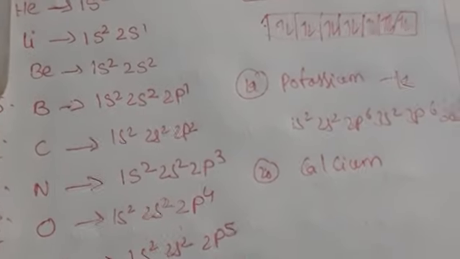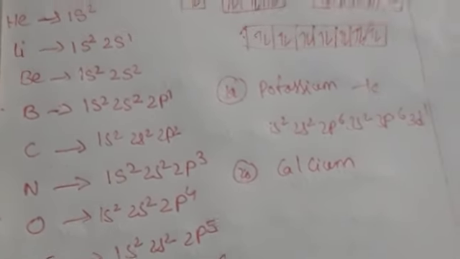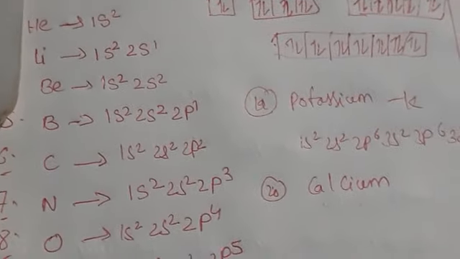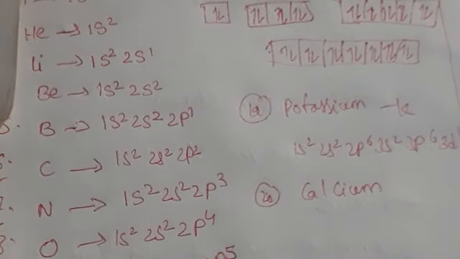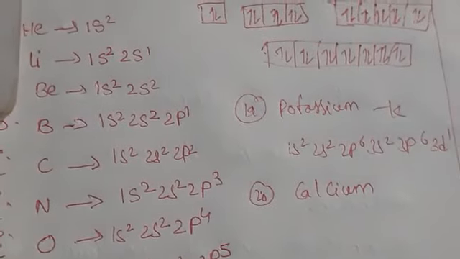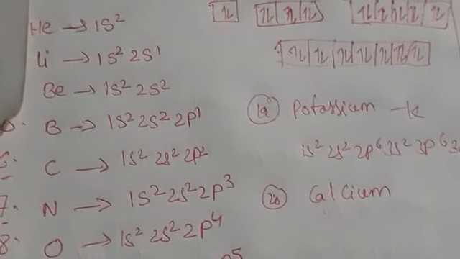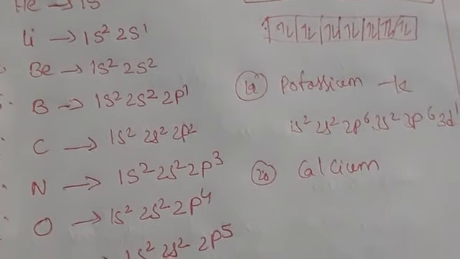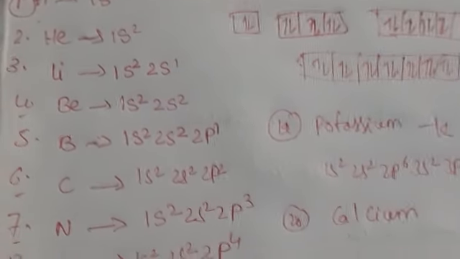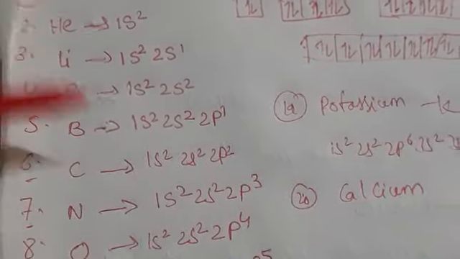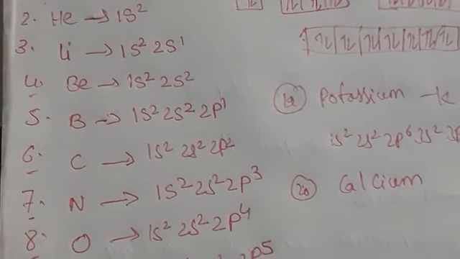Now if you have observed, for potassium, what is the potassium electronic configuration? 1s2, 2s2, 2p6, 3s2, 3p6.